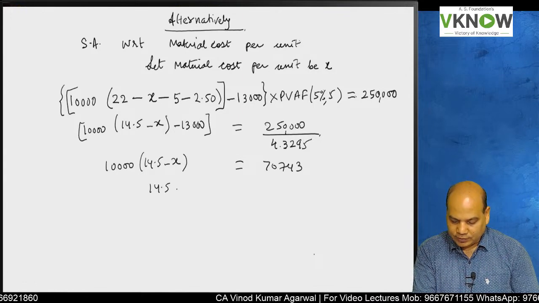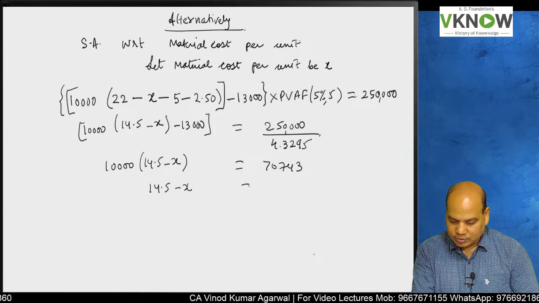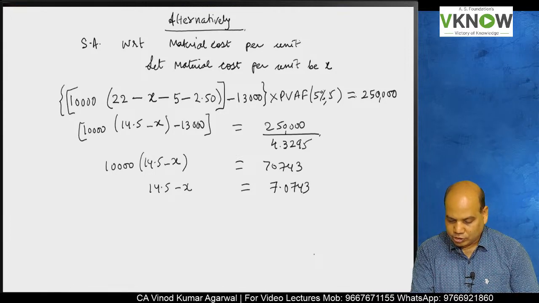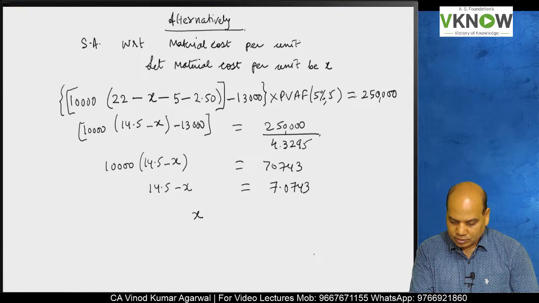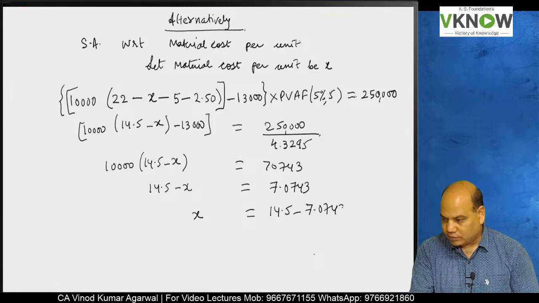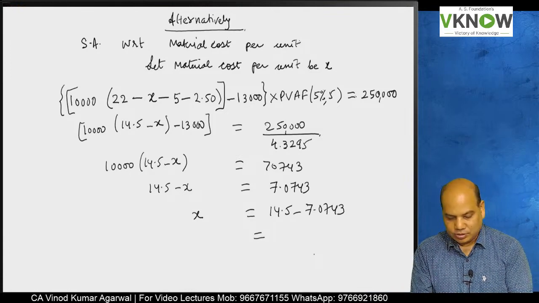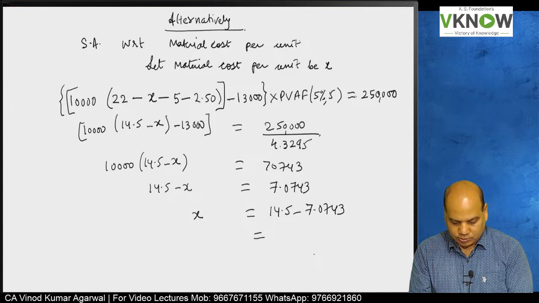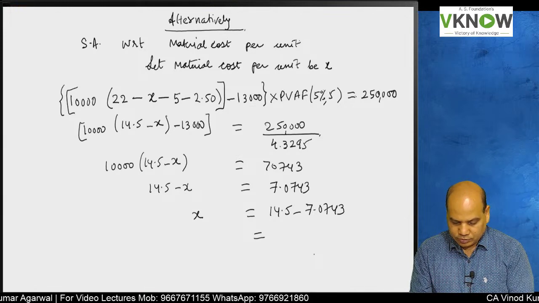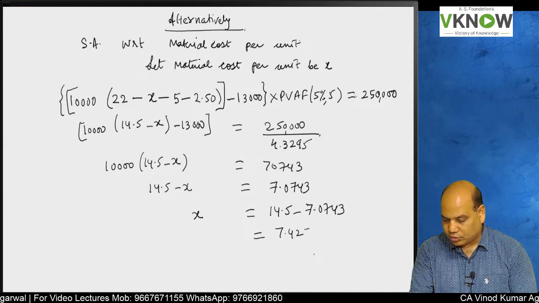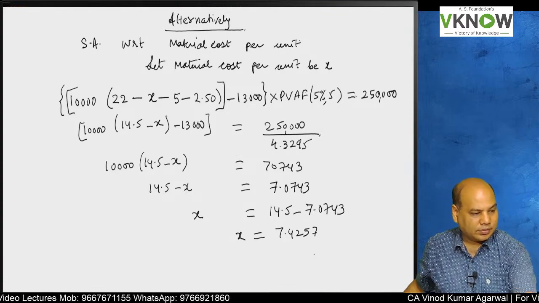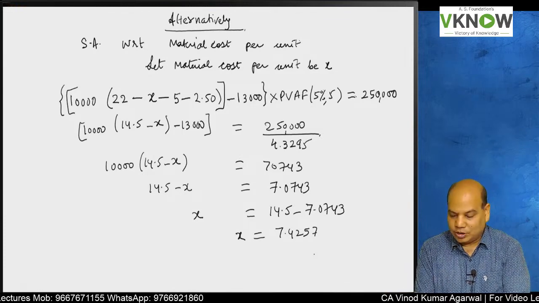Then 14.5 minus x will be equal to 7.0743, because I will divide by 10,000, and x will be equal to 14.5 minus 7.0743. Very good. You are getting the same answer, 7.4257. This is your material cost per unit required.